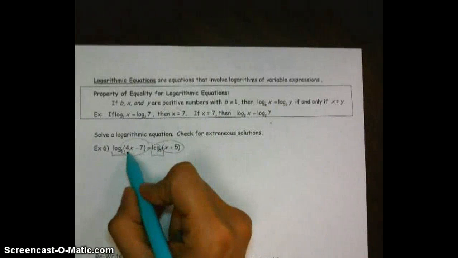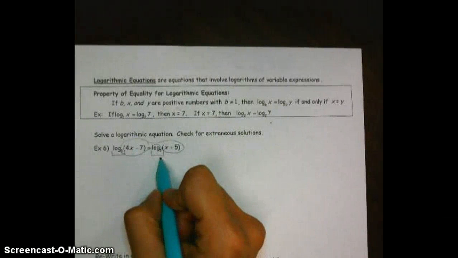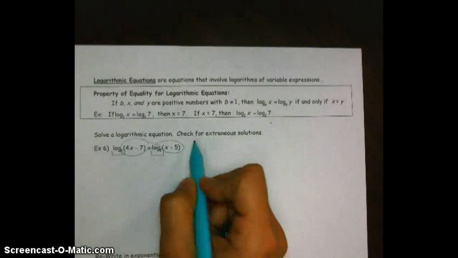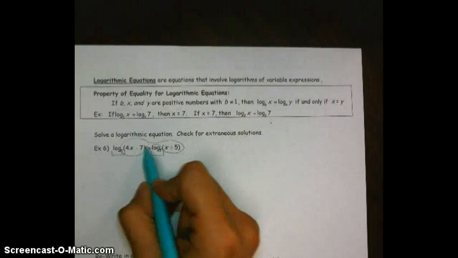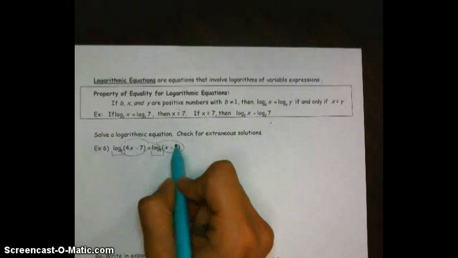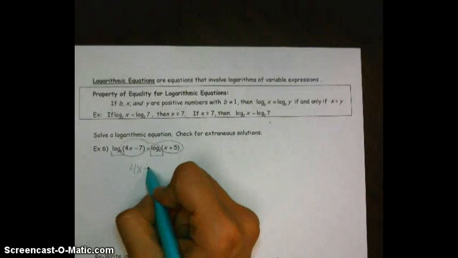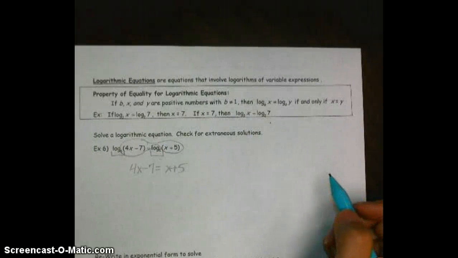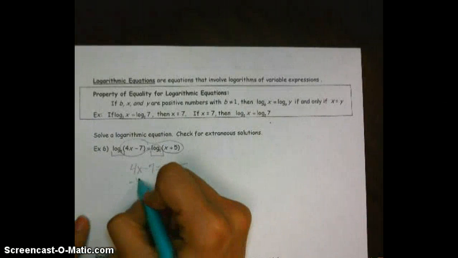And if you think about rewriting this in exponential form, that makes sense, right? Because they both have the same base, to some question mark gives me the answer of 4x minus 7 on both of them. The arguments are really the answers, right? So that means your arguments have to be the same.